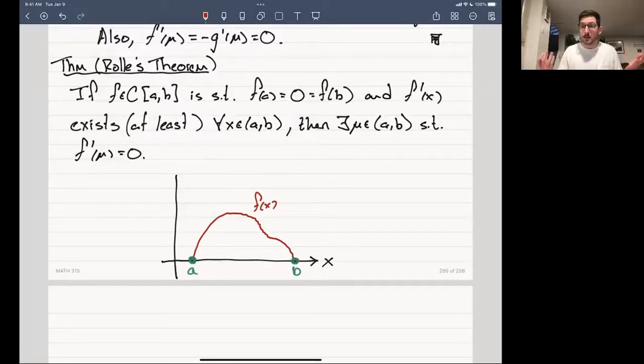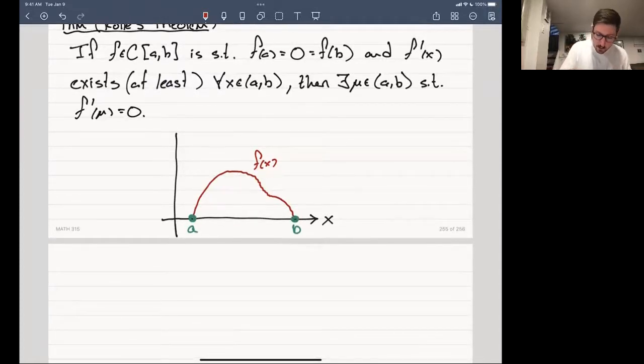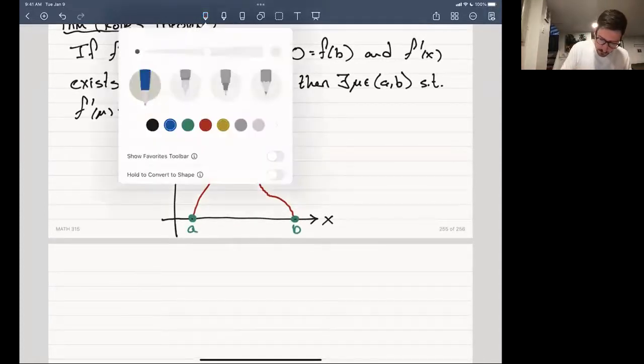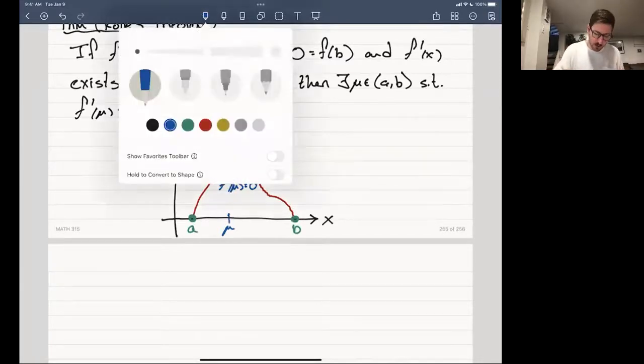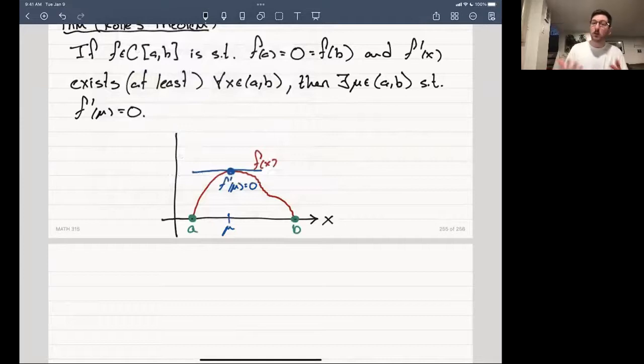You started and ended at exactly the same spot, and that's 0. So that means somewhere in here, let's put this in blue, you had to turn around. So somewhere in here, you have a point where your derivative has to be 0. That's all this is saying, is just that you had to turn around, and we know that the turnaround points are local extrema, and therefore from the previous theorem, we know that that's where the derivative is equal to 0.